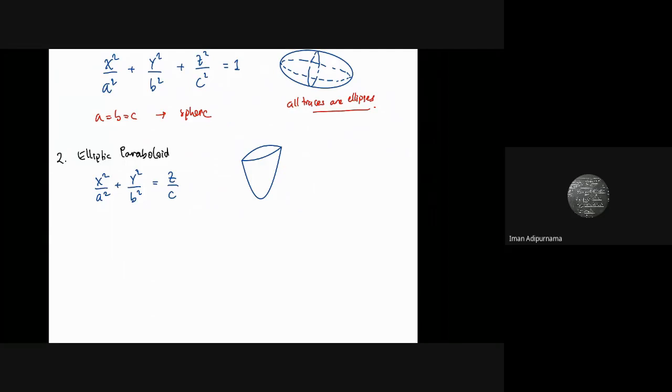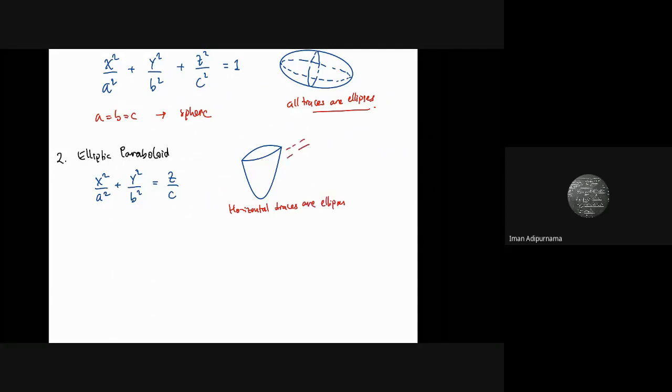If you trace the parabola here, you can trace it like that. But I think I don't need to trace to draw it; maybe you will find it confusing. So horizontal traces are ellipses.